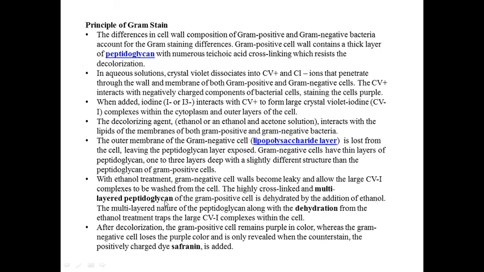So it retains the CVI complex, means it traps the CVI complex. Dehydrating agent means what? In gram positive cell wall lipid is there but very little, so it gets dissolved to form pores, but the pores shrink because of the dehydration, and so the CVI complex gets retained by the gram positive bacteria. So after decolorization, gram positive cells remain purple in color and gram negative cells lose the purple color.